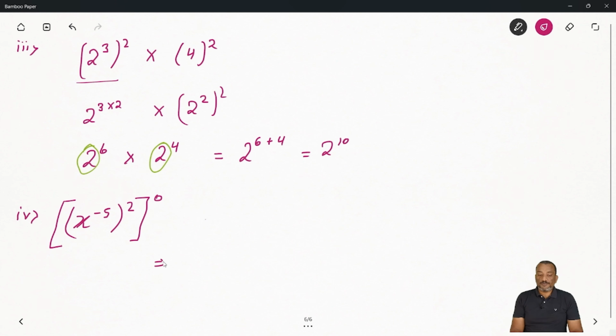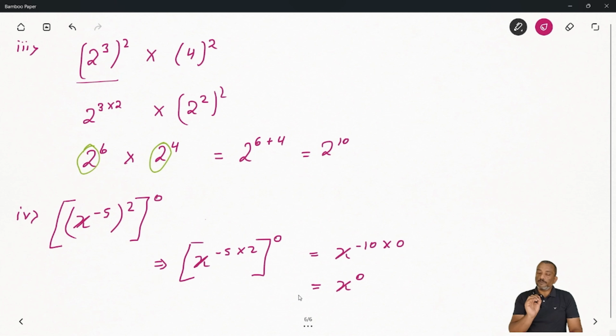We will say x to the power minus 5 times 2 based on the power rule, and after that you have one big bracket left and their power is given as 0. So you can say x raised to the power minus 10, and now it will multiply with the 0 exponent. So any number multiplied with 0, you know it becomes 0. So you can write x exponent 0.